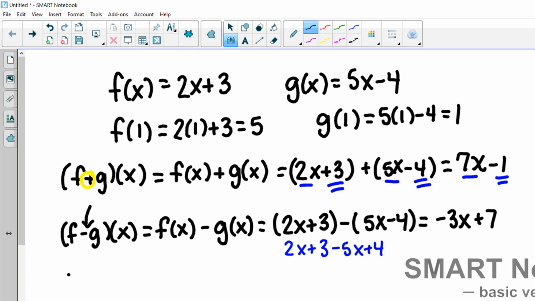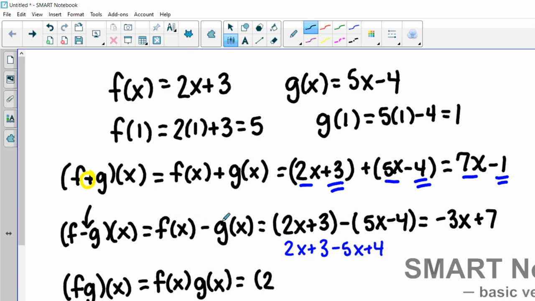We can continue this all day long. If it says take fg of x, if they're touching, or if we have that single little dot in between them, that means we are multiplying. And if I want to multiply f of x times g of x, from a previous section, all I'm going to do there is FOIL.